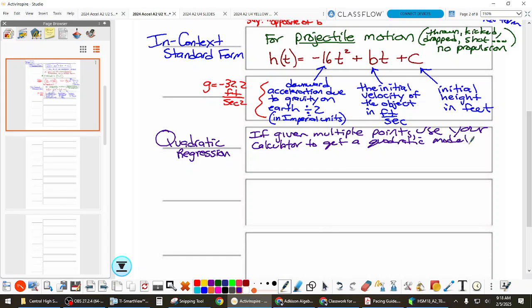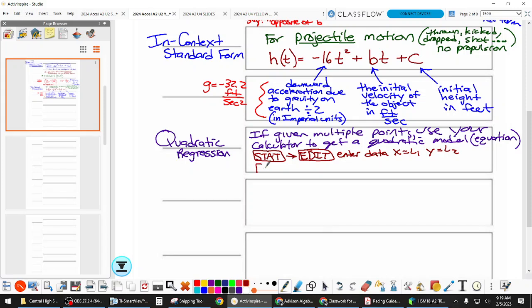So if you're given multiple points, use your calculator to get a quadratic model. Guys, model means equation. When you're doing applied math, you don't really call it an equation as much as a model. So you're going to hit stat, and then edit, enter data, x is L1, y is L2.